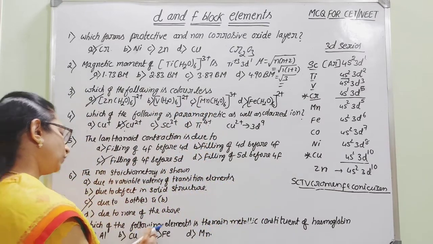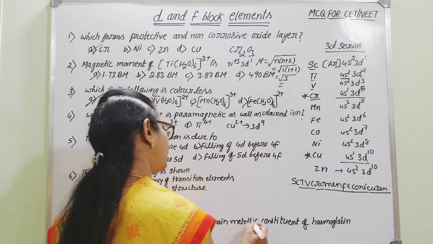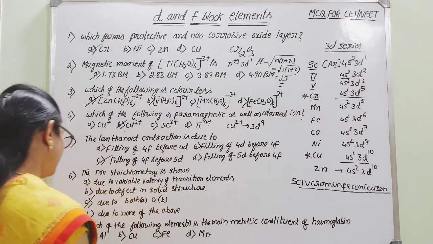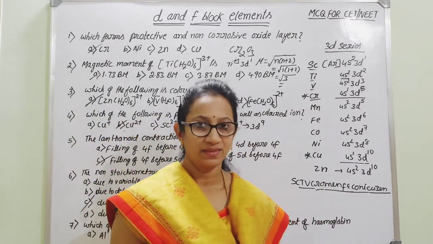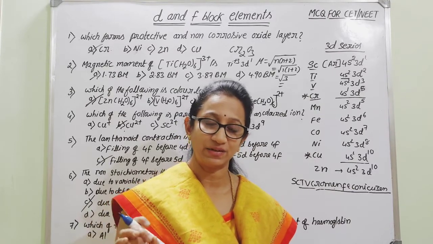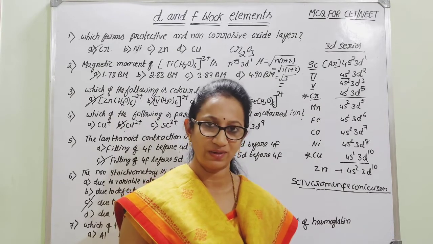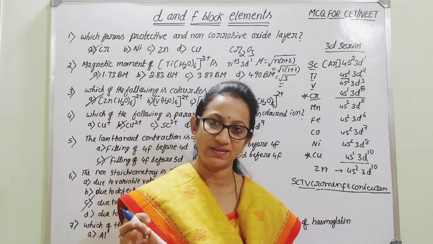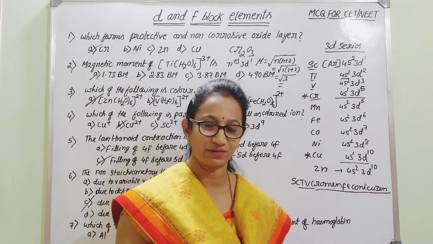Which of the following elements is the main metallic constituent of hemoglobin? You know that our blood is red in color, and it contains hemoglobin. RBCs contain hemoglobin, which helps carry oxygen to every part of our body.